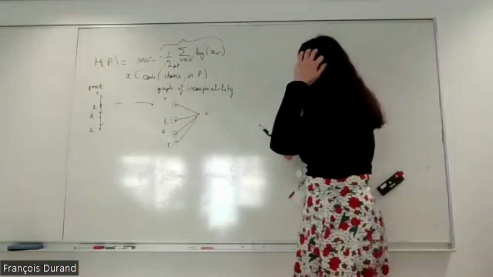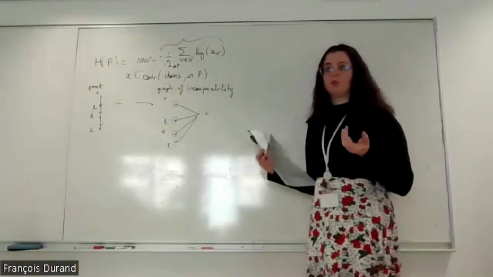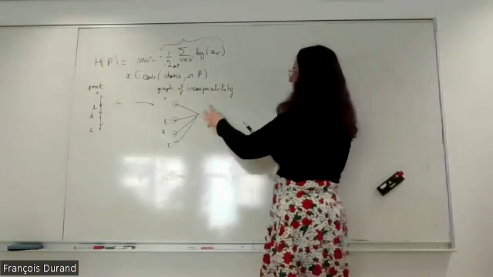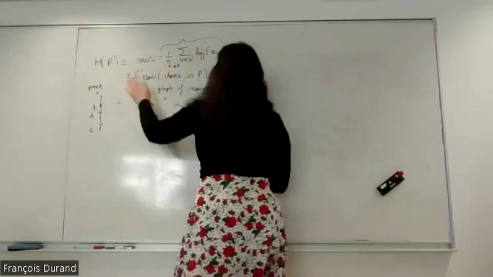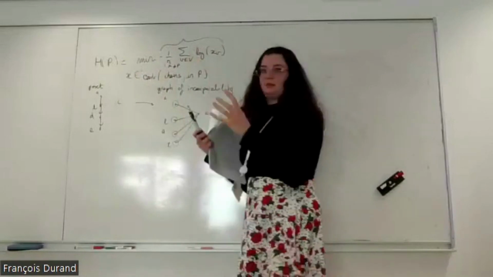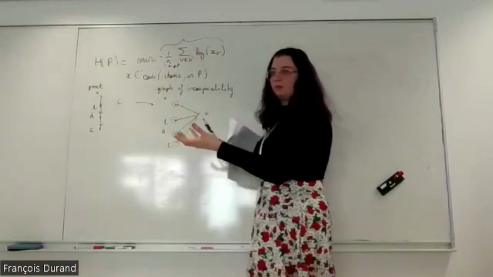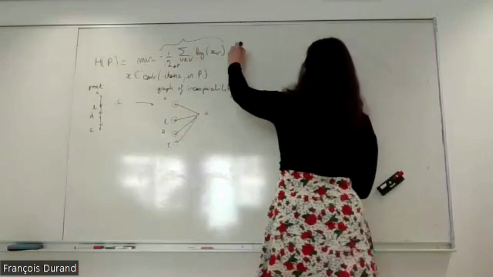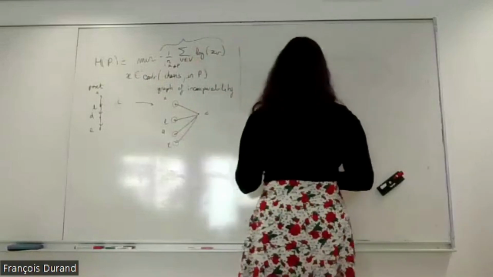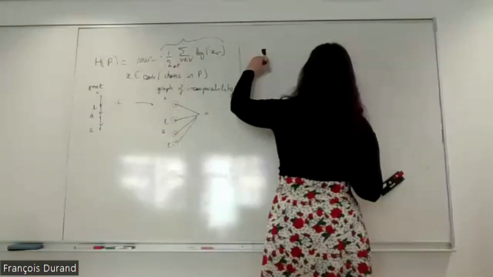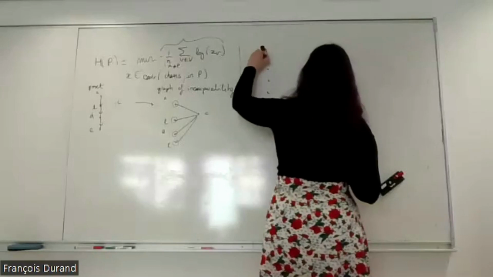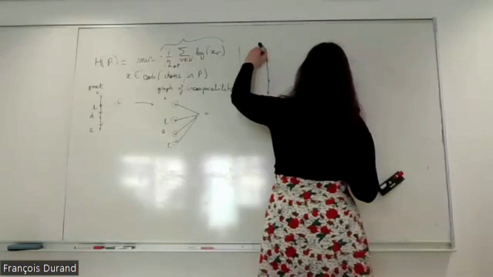So maybe we can do some example to see how this entropy will be calculated and will move when we add some edges. So the example we're going to do is this one.